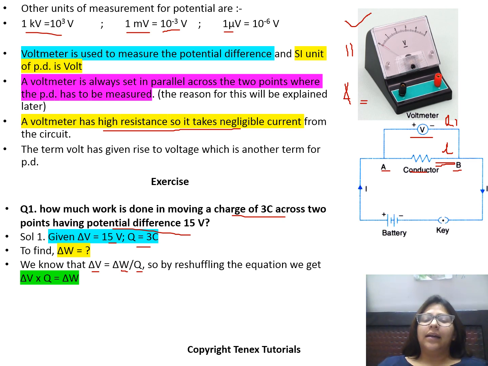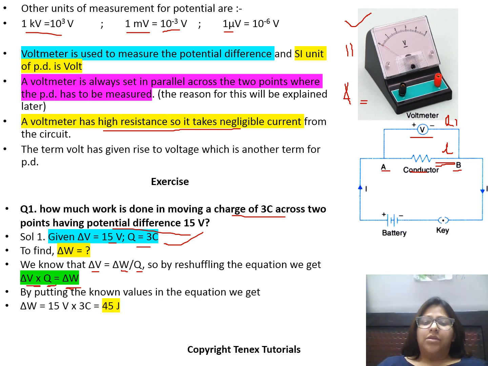So I get delta W is equal to delta V into Q. Putting the values that are known to us in this equation, delta W is equal to 15 volts into 3 coulomb, which is nothing but 45 joules. So guys, this was the solution. I want you to please go ahead and practice this. Pause the video, practice it, or probably note it down after seeing the video, and then attempt it on your own. Okay.